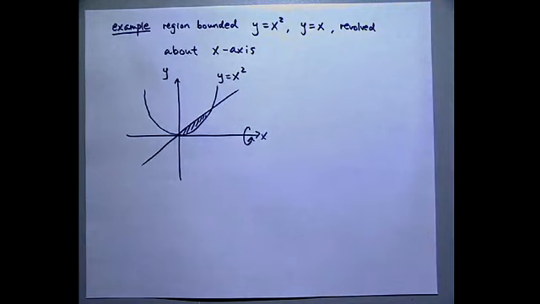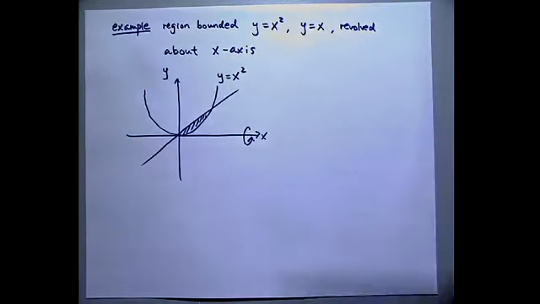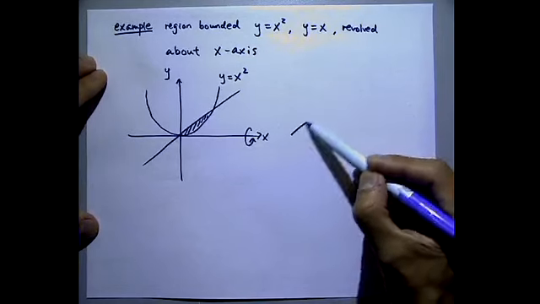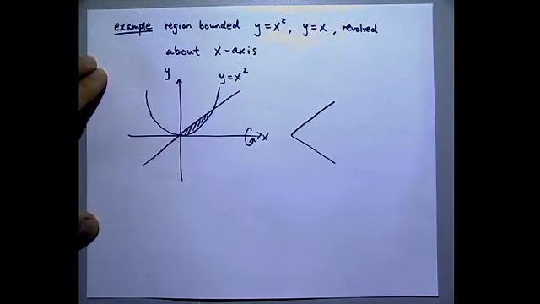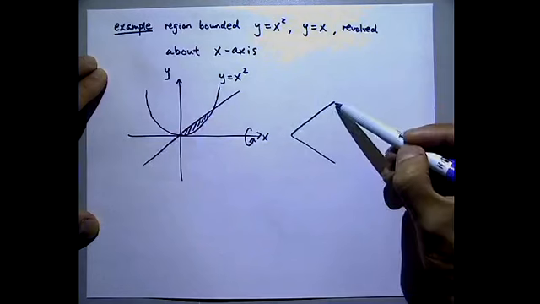Now in your mind, we're going to revolve this thing here about the x-axis. So how would you describe what we get out of it? It's kind of like a funnel. Yeah, that's a good description. From the outside, it looks like a cone, right? Because the outside is determined by the straight line here.